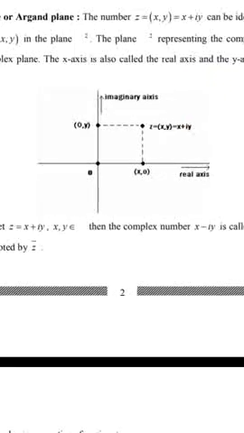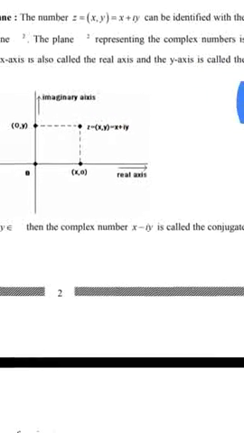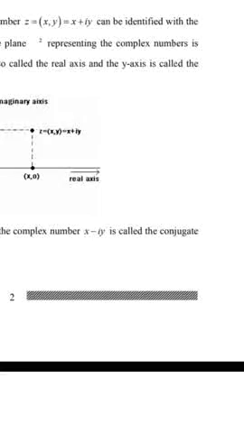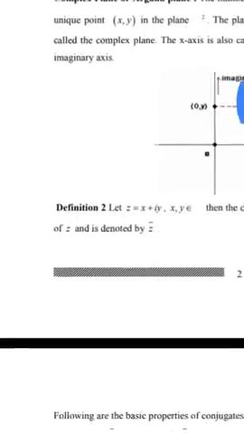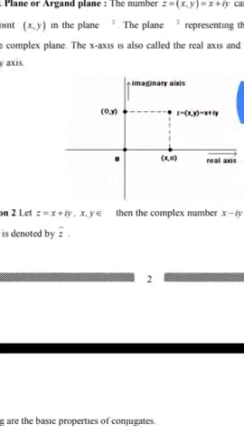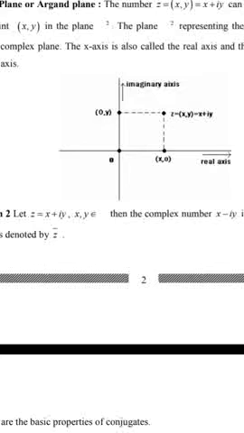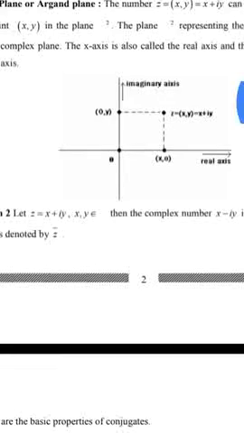The plane representing the complex numbers is called the complex plane. Here the x axis is the real axis, and the y axis is the imaginary axis, and the complex number z is equal to (x, y) is equal to x plus iy is situated in the first quadrant.